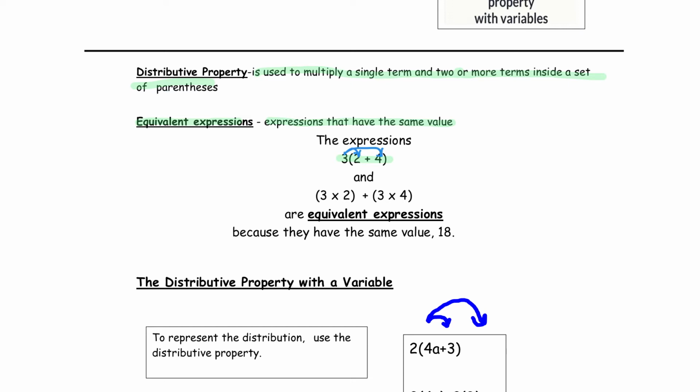So these two expressions would be considered equivalent expressions because they have the same value, which is 18. They are presented differently. The first one here is used with the distributive property. And then the second one is when it's expanded with the distributive property.